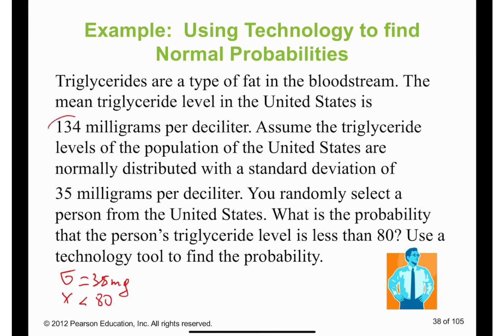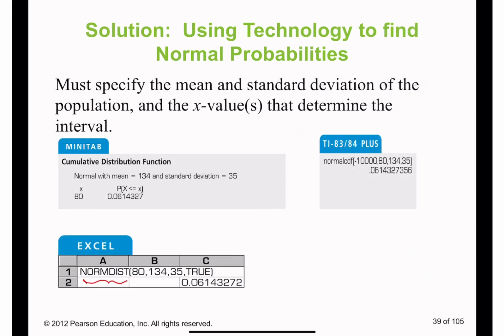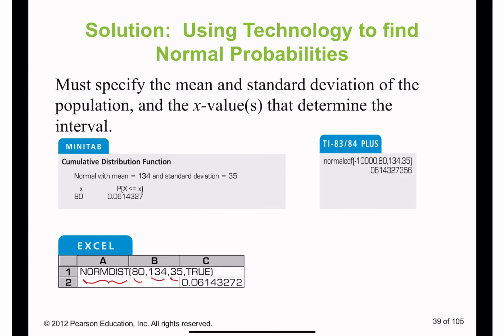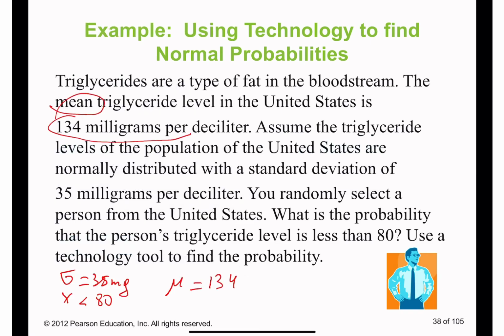So 134 is your average because it's the mean triglyceride level. So you have everything you need. Looking at this data, 80, 134, 35. What was our 35? Yeah, that's standard deviation. So the first number you are going to enter is 80, which is going to be your X, less than 80.